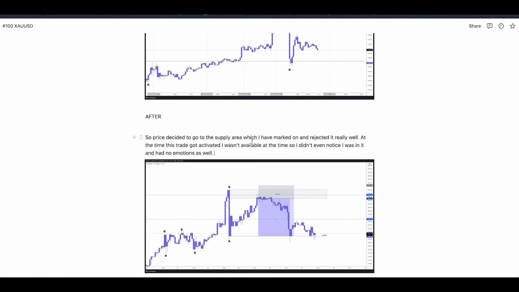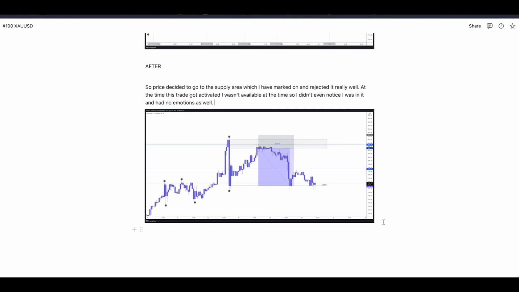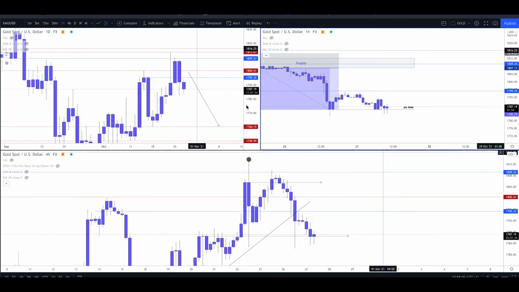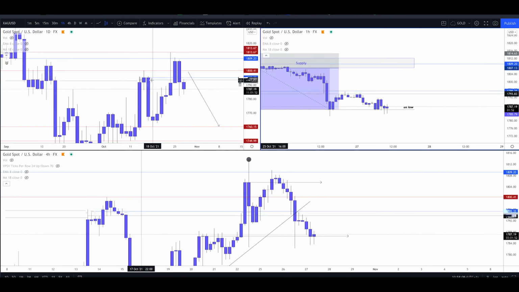Okay, so price decided to go to the supply area, which I have marked on, and rejected it really well. At the time this trade got activated, I wasn't available, so I didn't even notice I was in the trade, so I had no emotions at all. But when I checked, I did have some emotions because I got out around this daily support level.